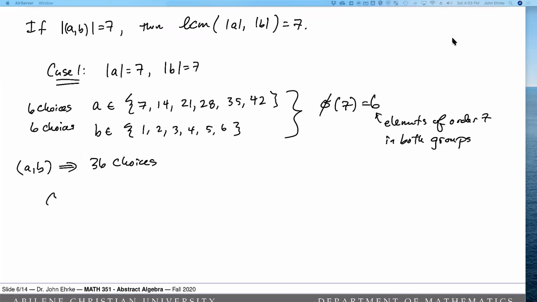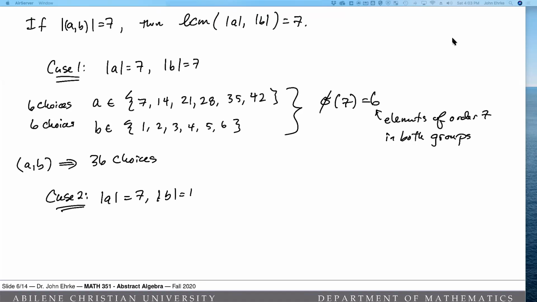Now, if you move on to case 2, the order of A is 7, and let's say the order of B is 1. If you do the phi thing again, you know that phi of 7 is 6 and phi of 1 is 1.